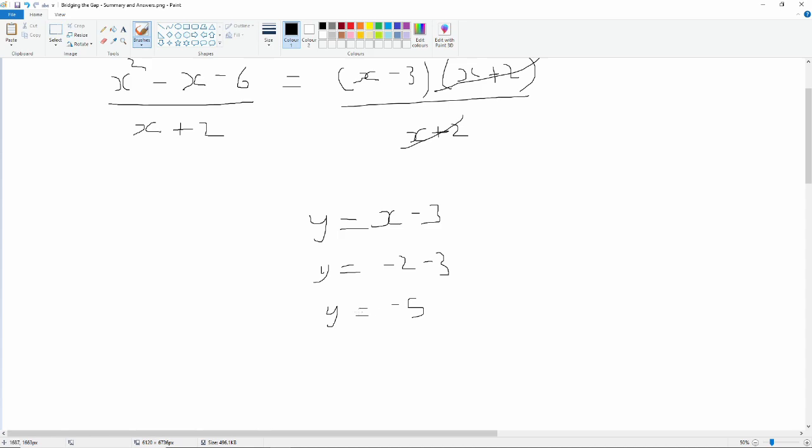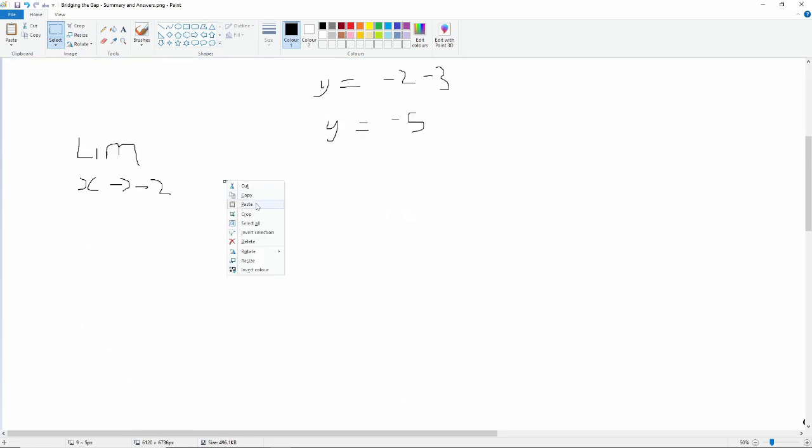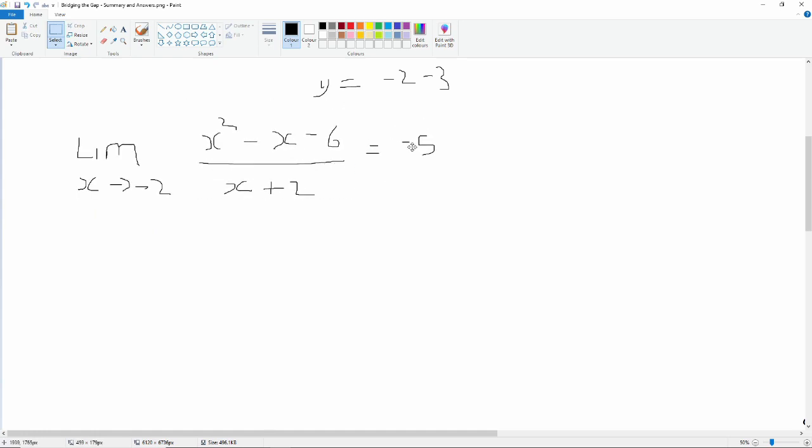So the limit as x approaches negative 2 of this equals negative 5. That was convenient. And that is our answer.